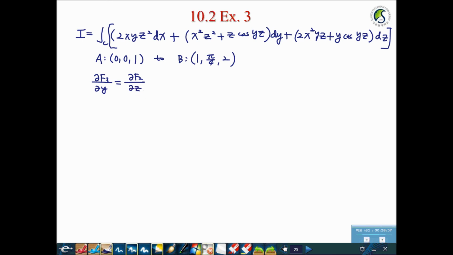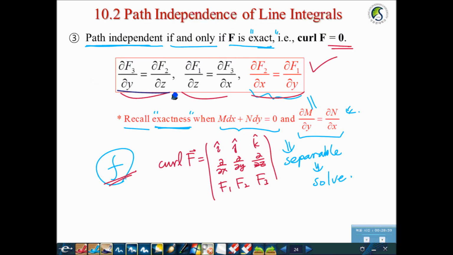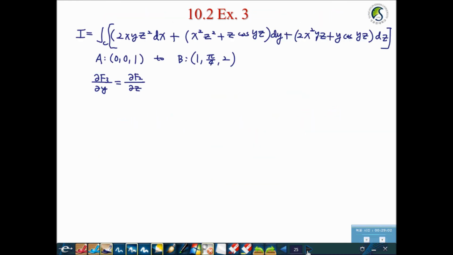Okay, that's the first checking condition, and this is 2x squared z plus cosine yz minus yz sine yz. That is dF2 over dz.